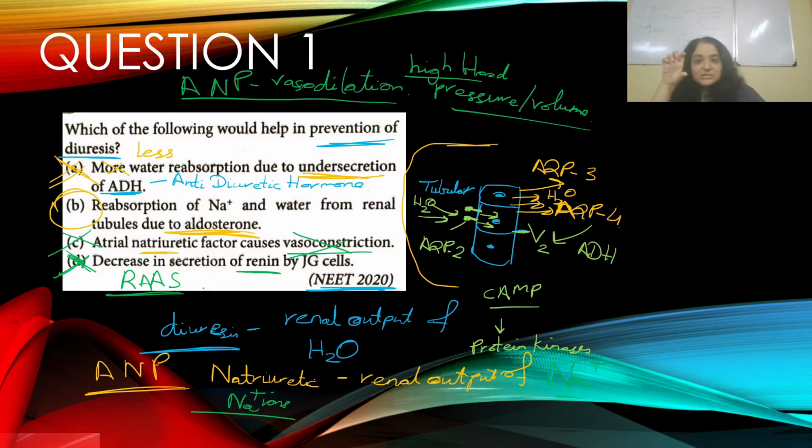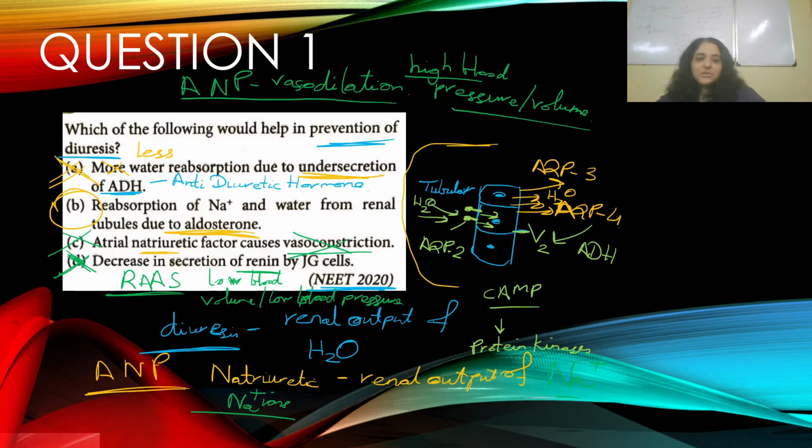Angiotensin 2 is a very powerful vasoconstrictor, so it will constrict the blood vessels. And this renin is secreted when there is low blood volume or low blood pressure.